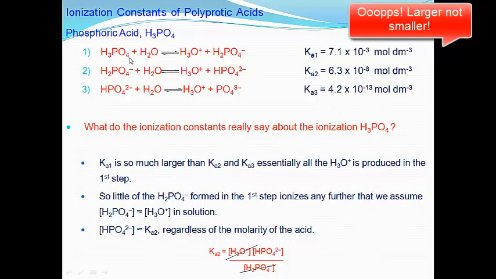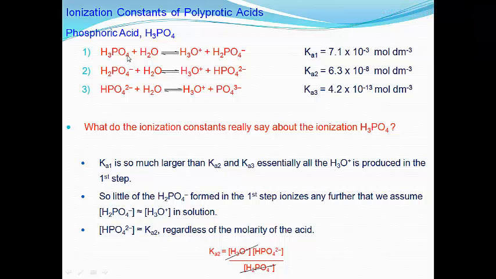It tells us that if we are going to determine the concentration of H3O+ in the solution, most of it is formed in the first step. And also, the concentration of H2PO4 minus is equivalent to the concentration of H3O+.